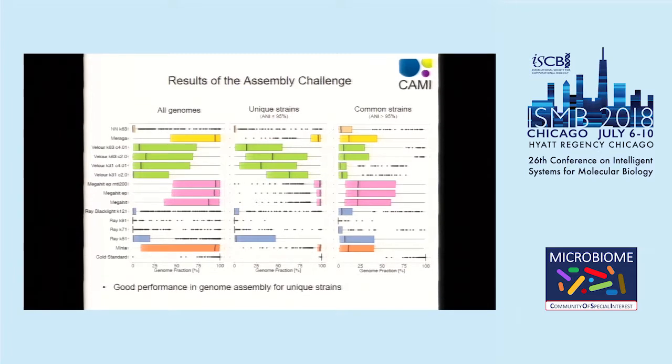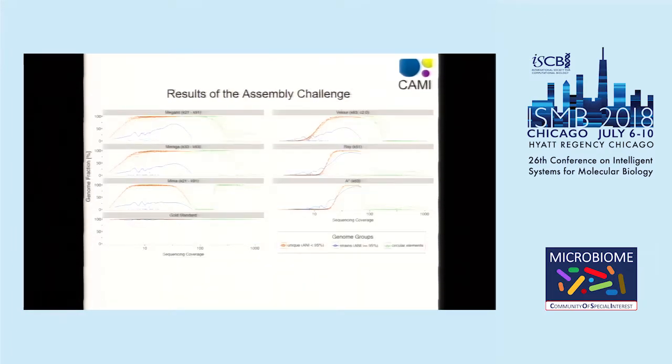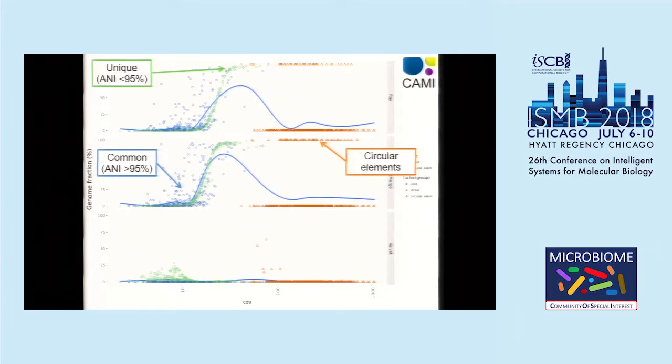Or you have so many what look like errors to the assembler that the assembly breaks apart completely, and the contigs get smaller and smaller, and at some point they are below the minimal cutoff for the contig length, and then you don't see the genomes anymore. This is why we plotted it this way, because then at least you get an idea of what's going on, which you don't get from these global box plots.